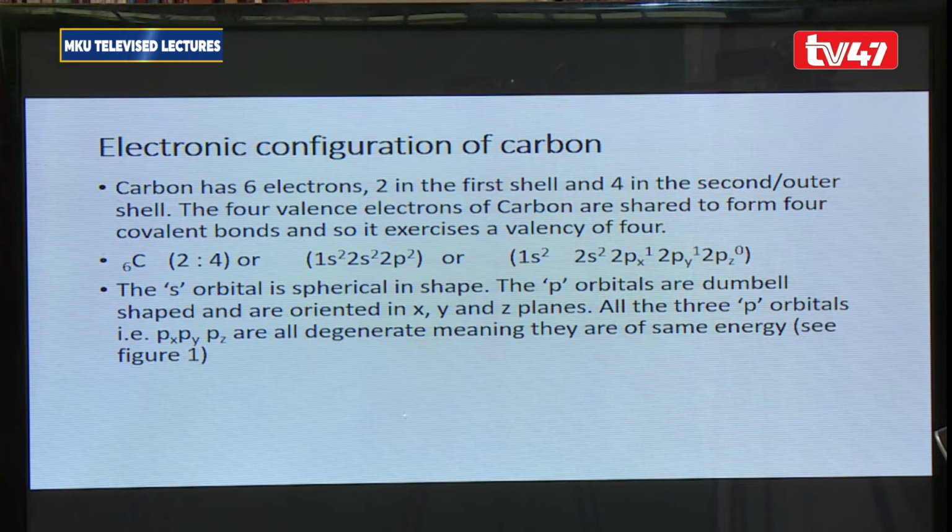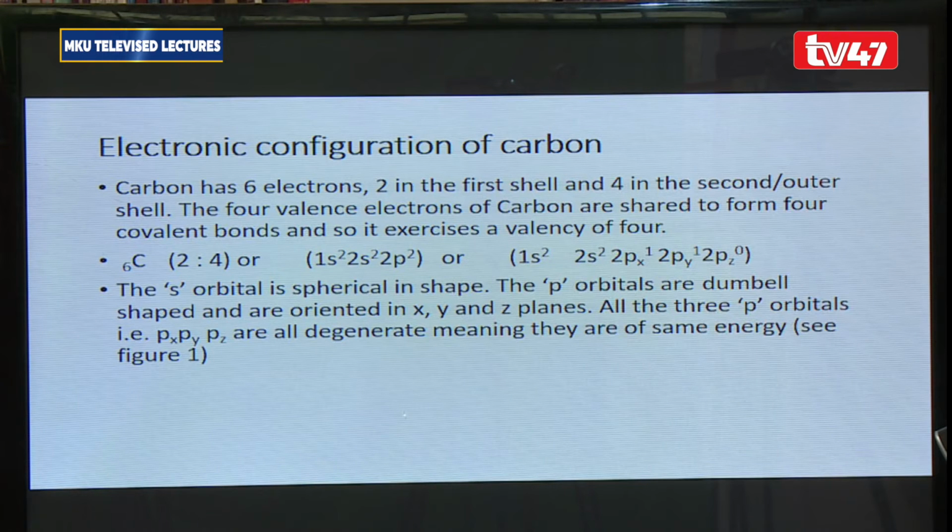Now, in terms of s, p, d, f electronic configuration, you'll find that the principal quantum shell number 1 has 2 electrons in an s suborbital, while the outer principal quantum shell, that is shell number 2, is supposed to have 2 electrons in the s suborbital, because you must fill the s suborbital before you fill the p suborbital, which is a higher energy orbital.